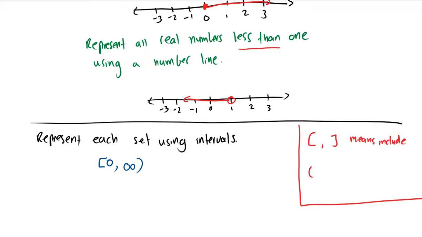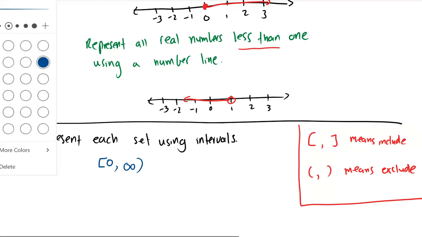And parentheses means exclude. With infinity, since it's not actually a number, it's just a concept, infinity is just a symbol that explains a behavior. In this case, the behavior of choosing numbers that are getting larger and larger and larger. That's why we cannot use brackets with infinity, because it doesn't make sense. Infinity is not a number.